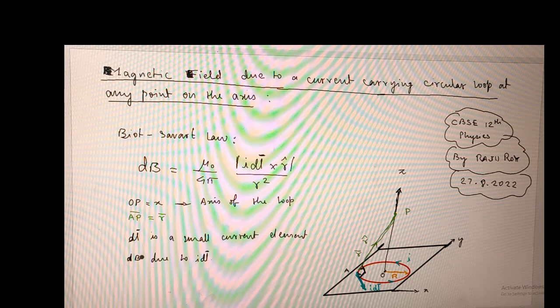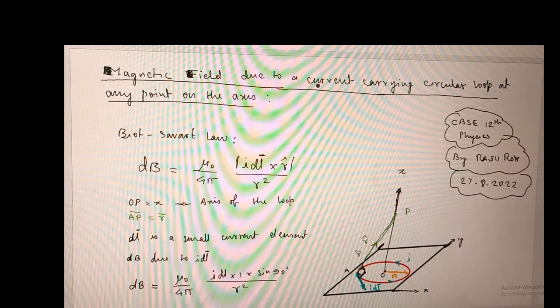So by the Biot-Savart law, dB is equal to, I am taking only the magnitude now, not the direction, mu 0 by 4 pi, I dl into 1 into sine 90 degrees, divided by the distance, that is r squared. So dB is equal to mu 0 by 4 pi, I dl, divided by r squared.